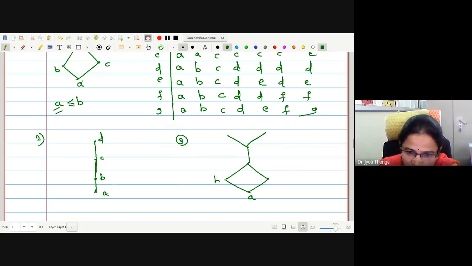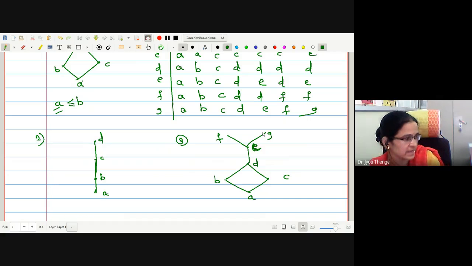A, B, C, D, E, F and G. You have to check whether both the Hasse diagrams represent a lattice or not.